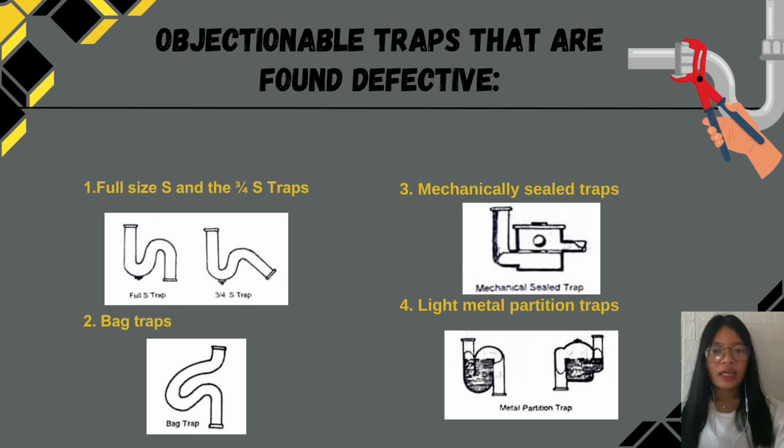Ang mechanically sealed traps naman, these traps are considered objectionable because they are less reliable than water-sealed traps and can fail to block sewer gases effectively. Ang light metal partition traps naman, these traps are made of light metal material and are prone to corrosion and deterioration over time.